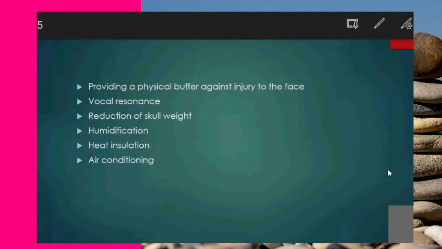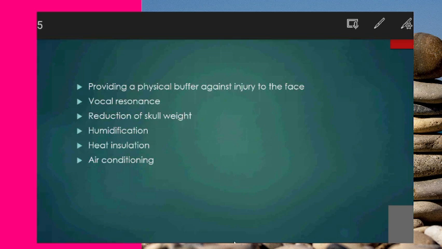Okay. Next is the humidification. So the inspired air has to be humidified to body temperature, so that it remains a part of the internal environment of the body when it reaches the lung. Okay. And it provides heat insulation, air conditioning, and most important, it acts as a filtration unit, right from the vibrissae.